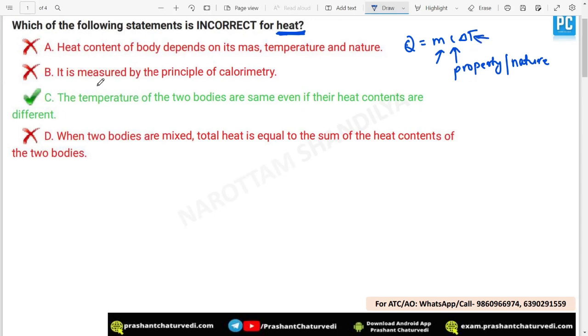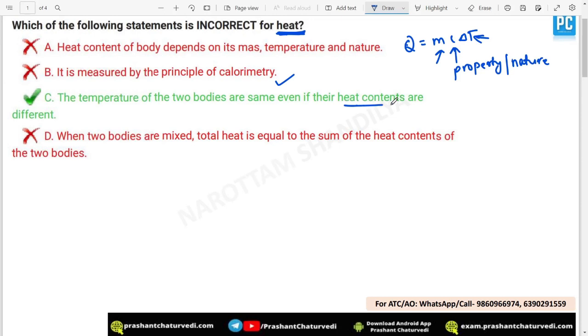It is measured by the principle of calorimetry. Yes, we have even studied various methods by which we calculated heat transfer using calorimetry. Further, the third point: the temperature of two bodies is the same even if their heat contents are different.